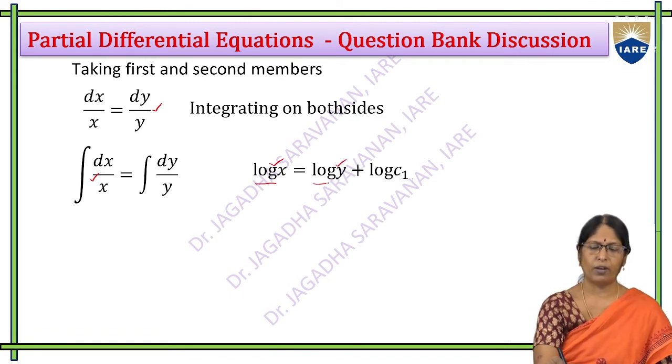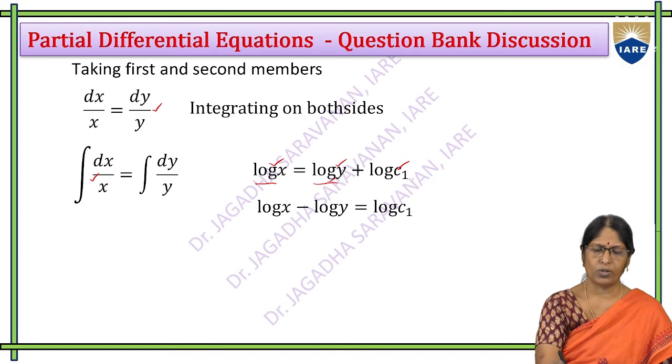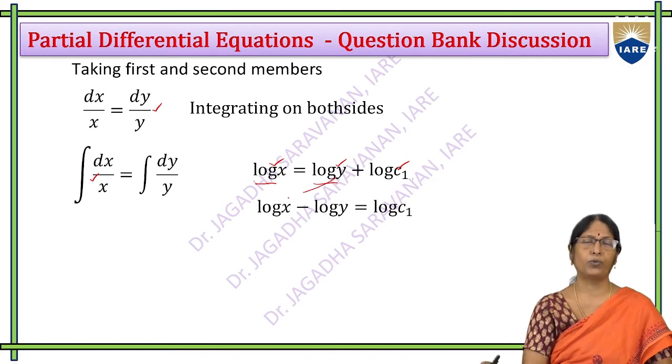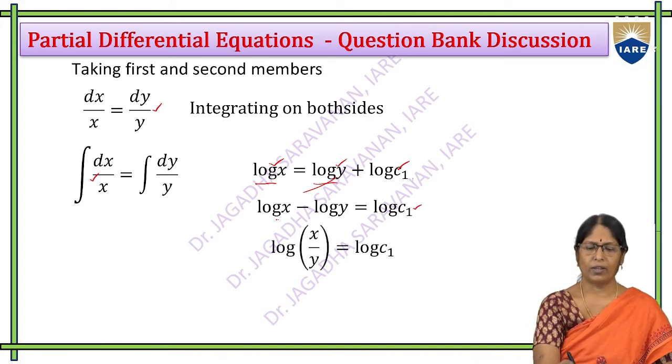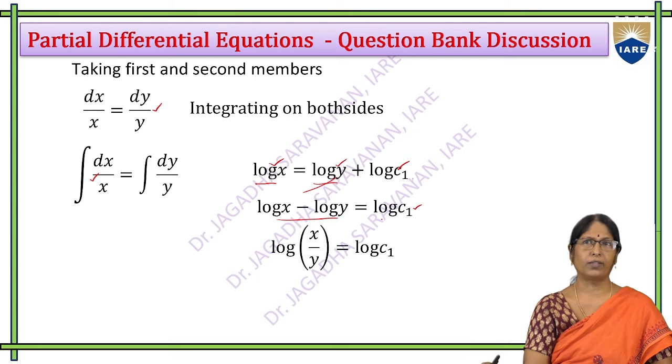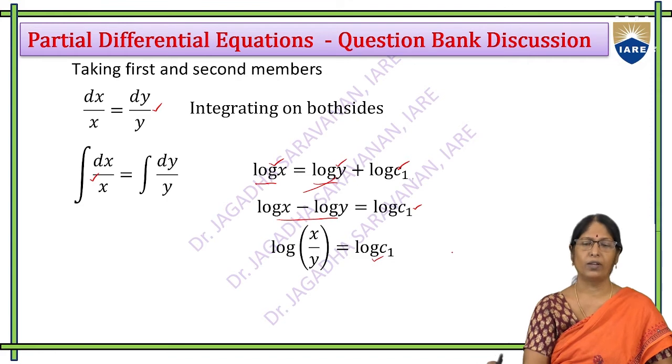Already both are in logarithmic form, so we added log c1. We brought log y to the left: log x minus log y is equal to log c1. This is log a minus log b, which is nothing but log of a by b. So log of x by y is equal to log c1. So x by y equal to c1.